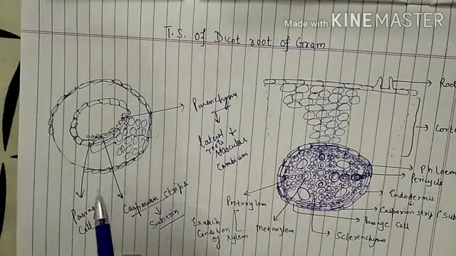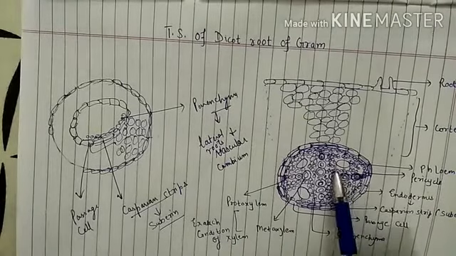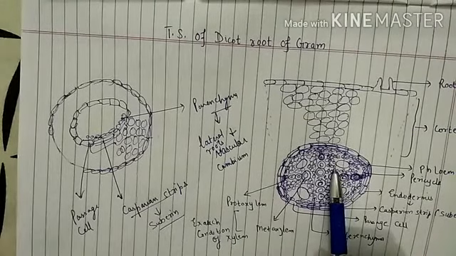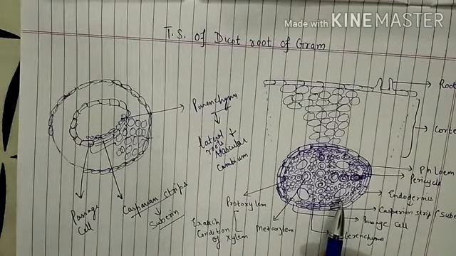Next to the pericycle, there is the vascular bundle present. As you know, the vascular bundles in roots are present in a radial arrangement.